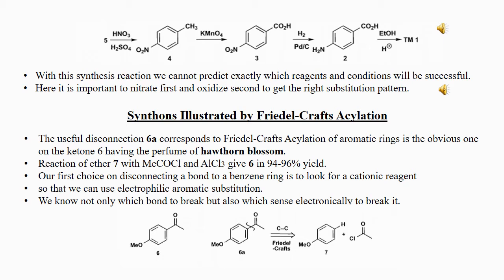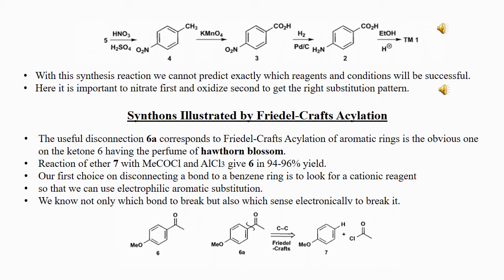So now, if we are going to do the Friedel-Crafts acylation, as you see in this example here, compound 6, the disconnection of 6A is taking place. You can see that compound 6 has one ketonic functionality and one methoxy functionality para to each other. First of all, a useful disconnection of 6A can be Friedel-Crafts acylation of aromatic rings.